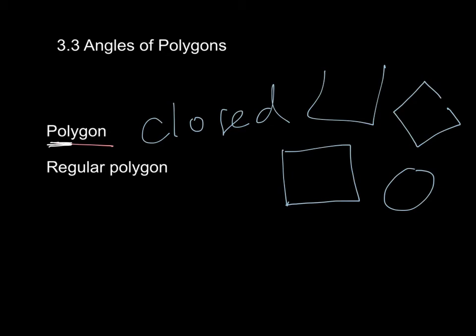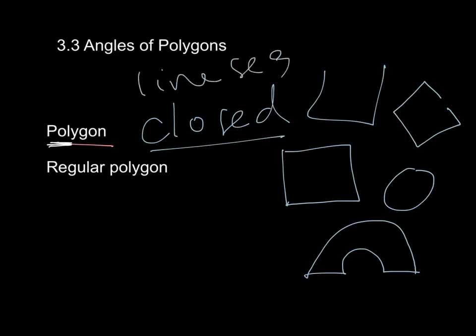A half circle, rainbow kind of thing, again, not a polygon. To be a polygon, it has to be closed. It has to be made up of line segments, 3 or more. And they have to only intersect at their endpoints, so that's not a polygon either.